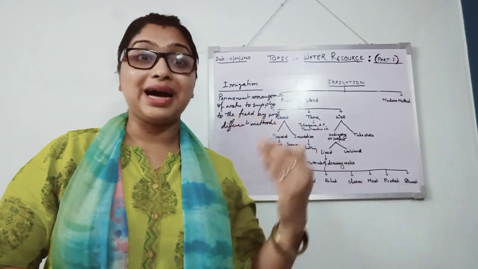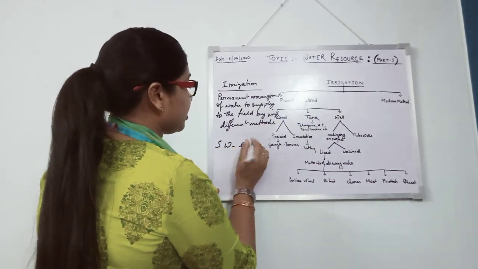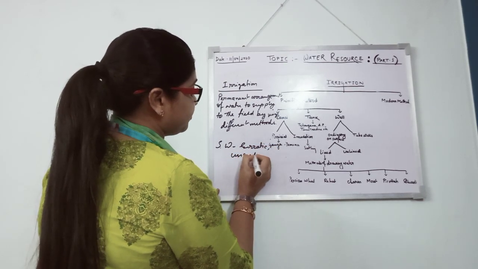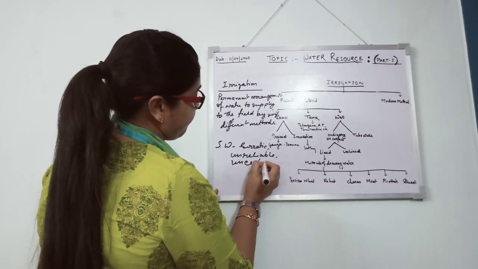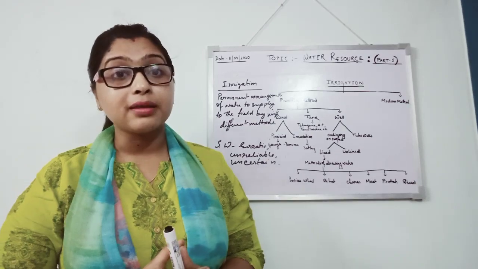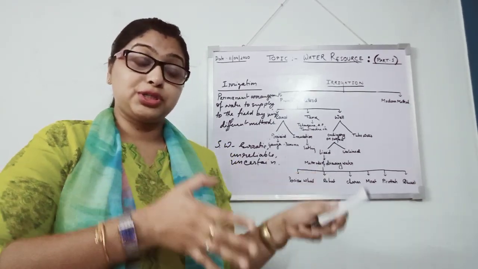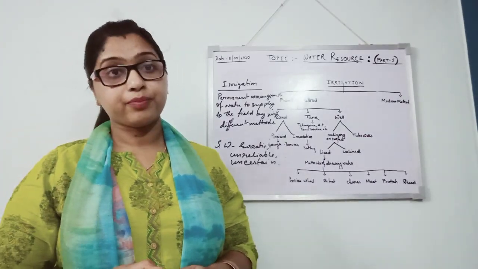Due to this erratic nature, as our southwest monsoon is erratic, unreliable, uncertain, we face inequitable distribution of rainwater in different parts of the country.